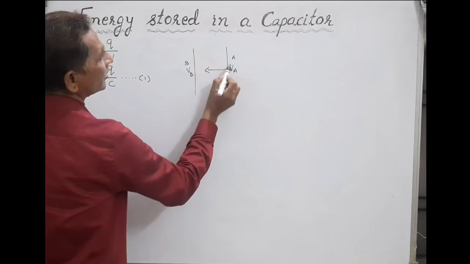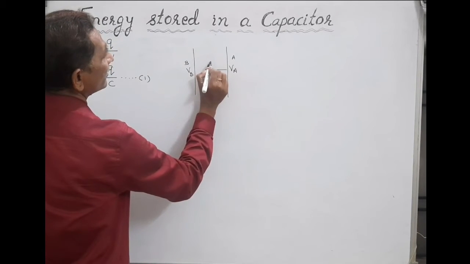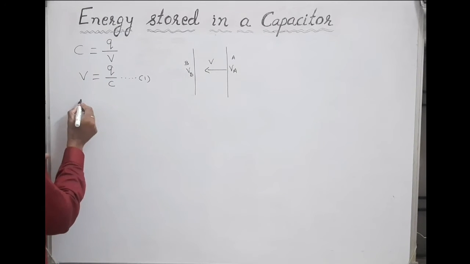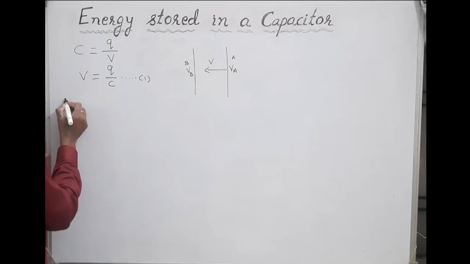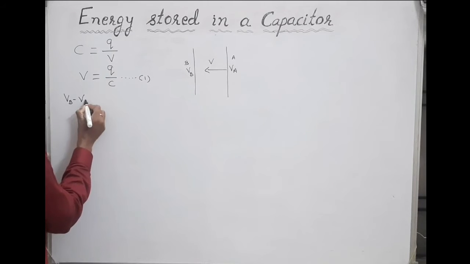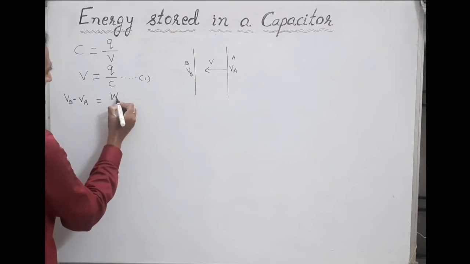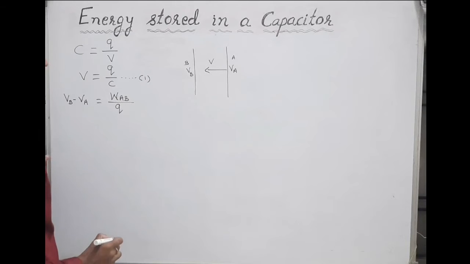The total potential difference is V. Therefore, the potential difference between the two plates, VB minus VA, is equal to the work done from point A to B divided by the transferred charge dq.